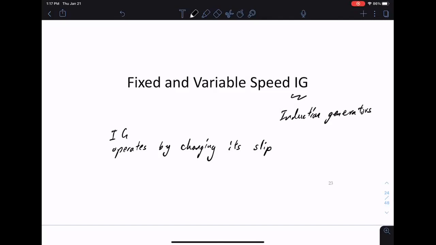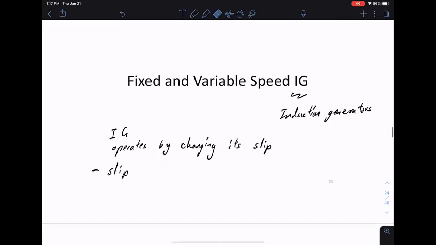So we'll look at this later in this class as well, but normally the slip changes over a fairly narrow range. You cannot be too different from the synchronous speed if you look at an induction motor or an induction generator.